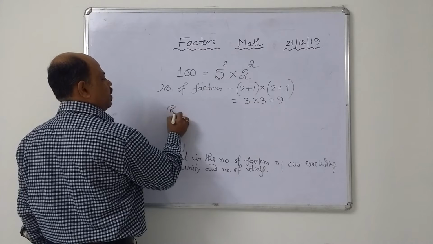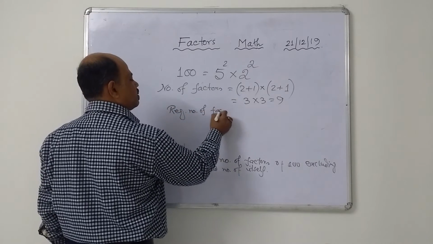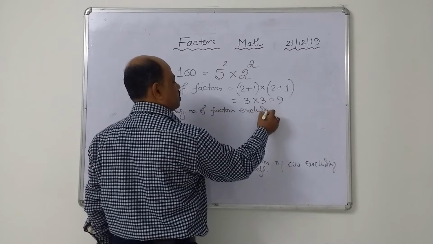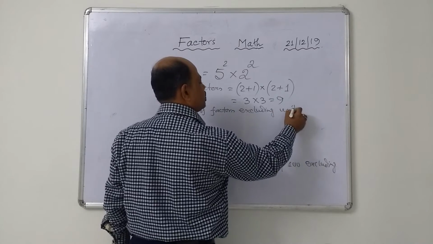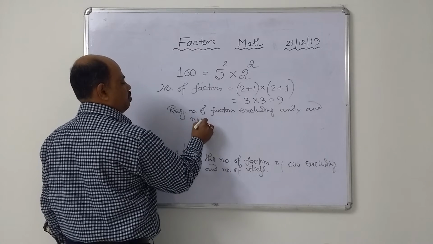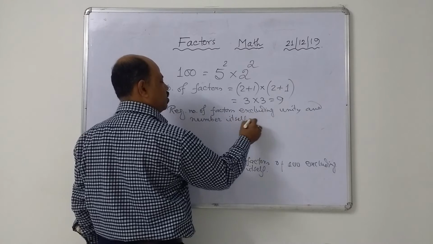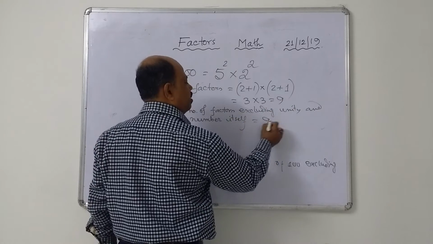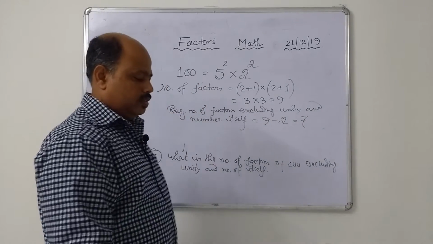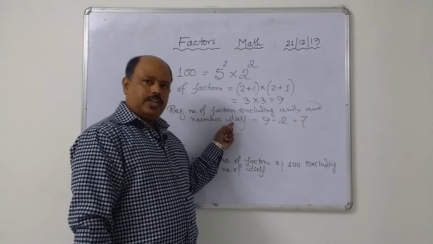Therefore, required number of factors excluding unity and number itself is equal to 9 minus 2, that is equal to 7. Unity means 1 and number itself means 100.